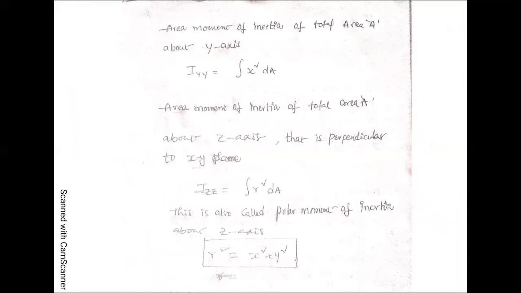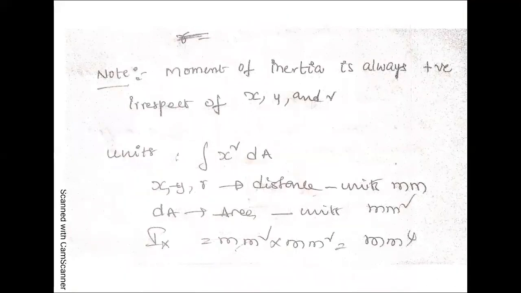And one more thing. Going to the next topic, the units of moment of inertia. One note: moment of inertia is always positive, irrespective of whether x, y, and r values are positive or negative, because here we have squares. The square of any negative or positive value is positive, right?